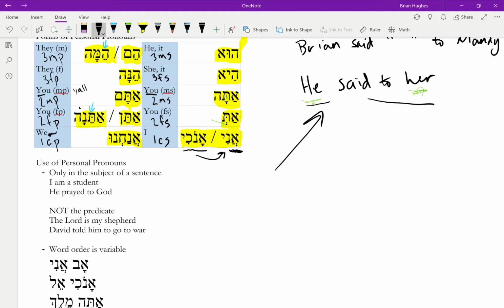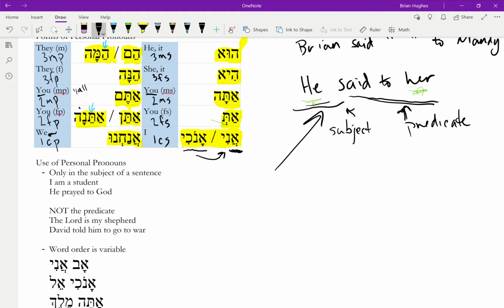So to take you back to elementary school English, the subject of the sentence is the person doing the action of the verb, and then the verb starts the predicate, which is what is done. So you have subject, predicate. It's a very simple way of dividing up a sentence.